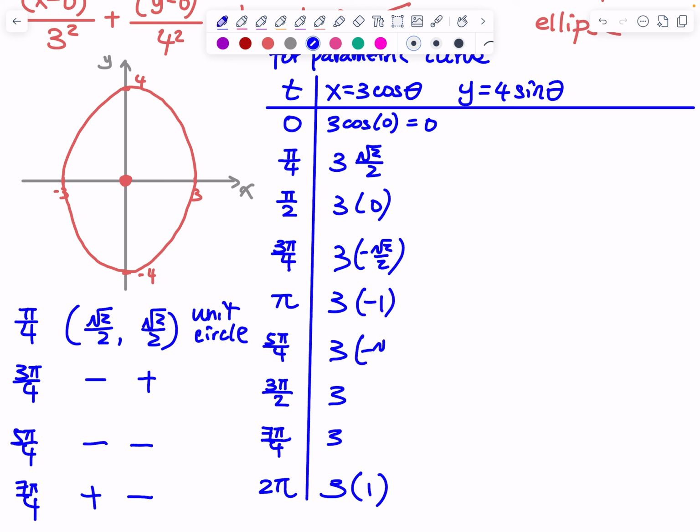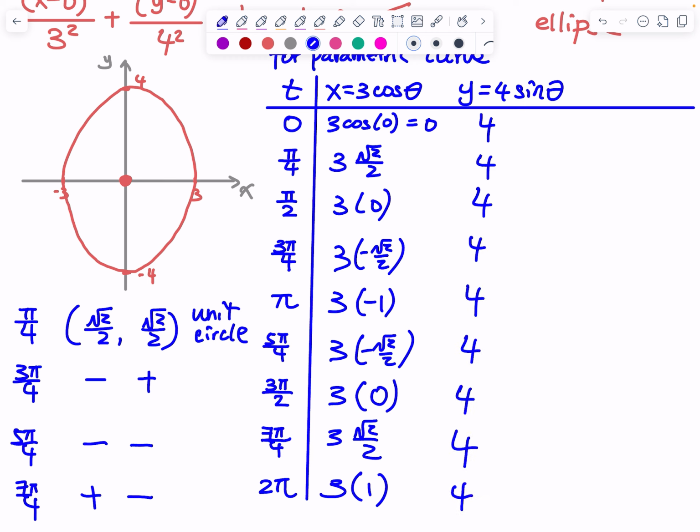And then negative root 2 over 2. And then x equals to 0. And then root 2 over 2. I will approximate all these values. And then this is 4 times, I will just do the 4 first. And then sine of 2 pi is equals to 0.